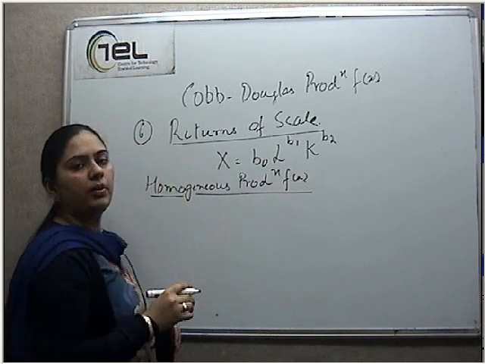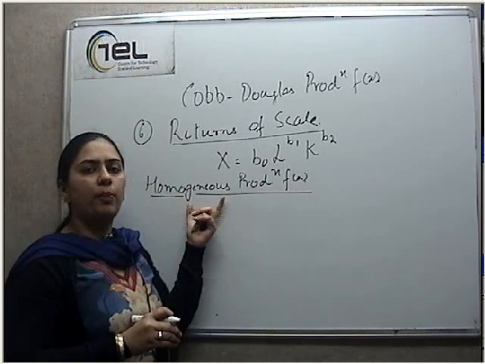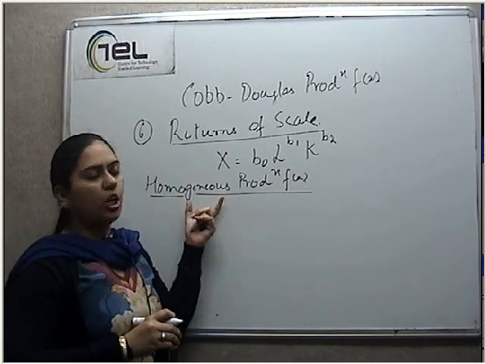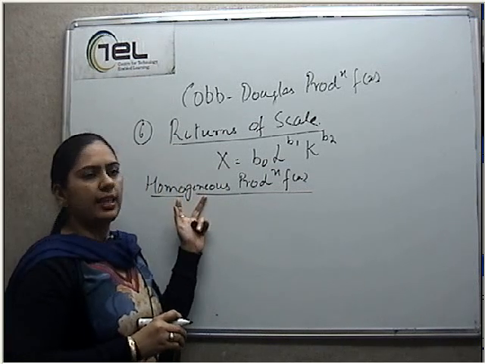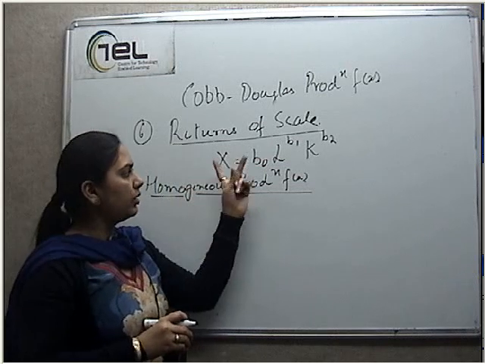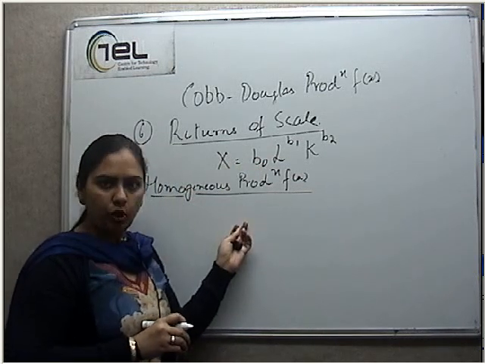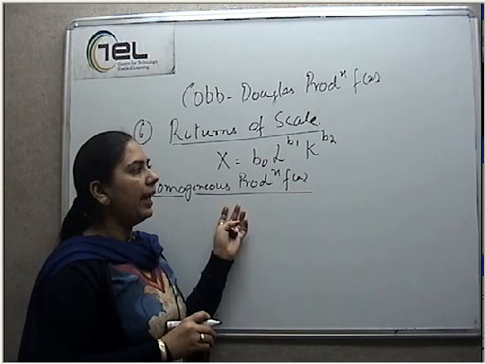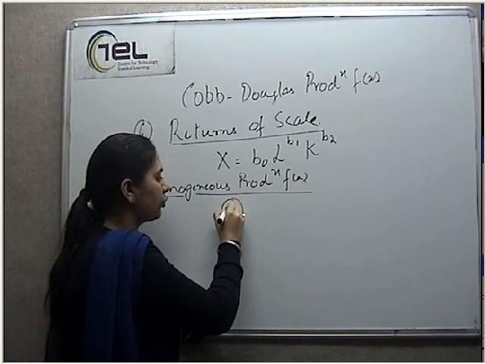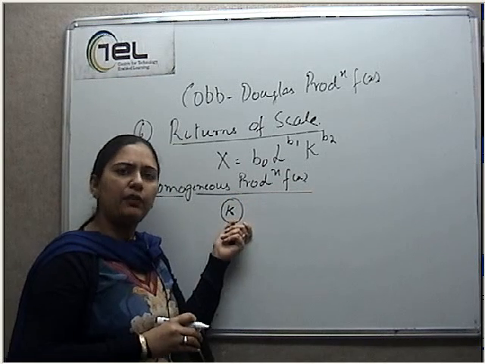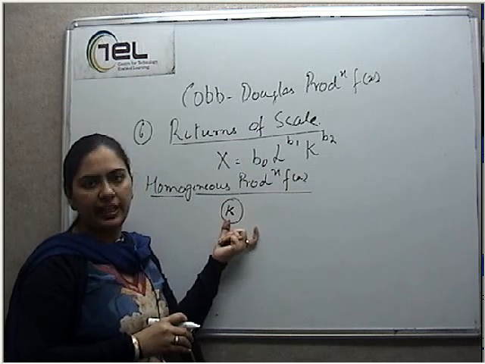When I say Cobb-Douglas production function is a homogeneous production function, it has a property attached to this homogeneous. Homogeneous in case of this production function means that in case I multiply this whole function, or for that matter any function which is a homogeneous production function, by a factor which they refer to as small k, it can be any factor, small k, small m, small p, it can be referred by any variable.